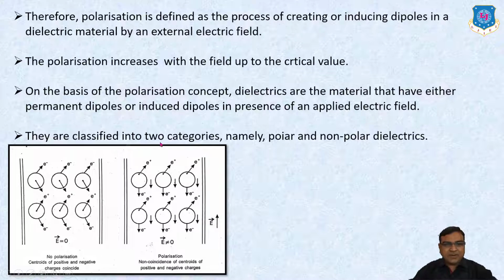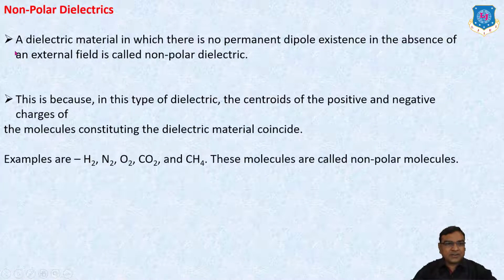They are classified into two categories, namely polar and non-polar dielectrics. Non-polar dielectrics: an electric material in which there is no permanent dipole existence in the absence of an external field is called a non-polar dielectric.